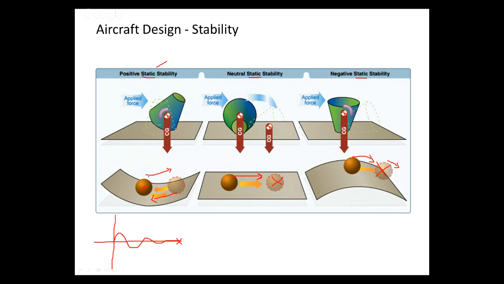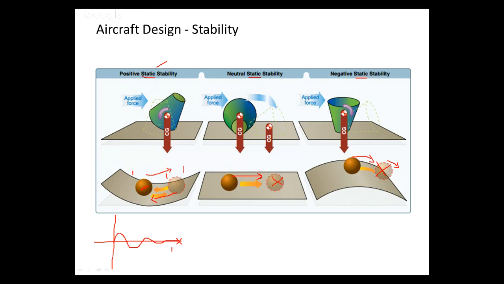Yes. So it's like you push the ball too hard, so it's here. Then it rolls all the way back here, then it rolls here, here, here. So you can see here's your time axis this way. So this particular graph is exhibiting positive dynamic stability.